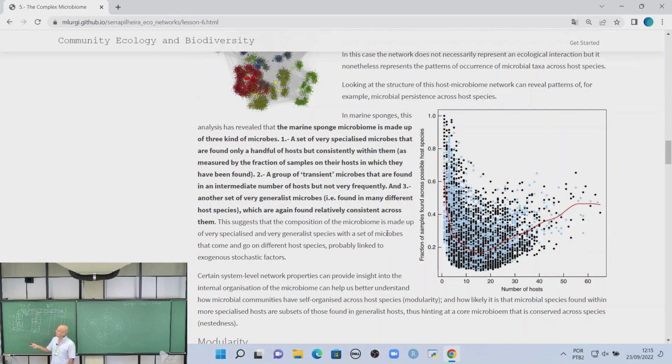Because here you can have microbes that are coming through the pumping rates of the sponge, and this can be very opportunistic. So you can start creating a picture from all of these bits of analysis to better understand your microbiome data.